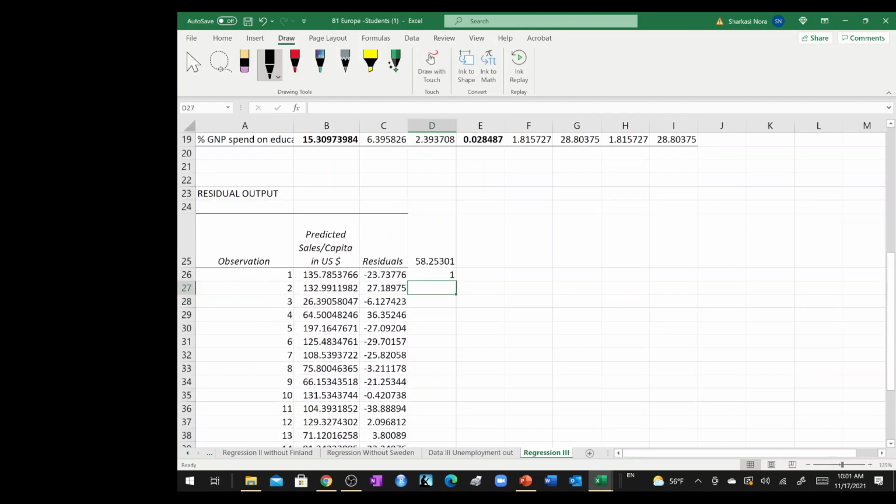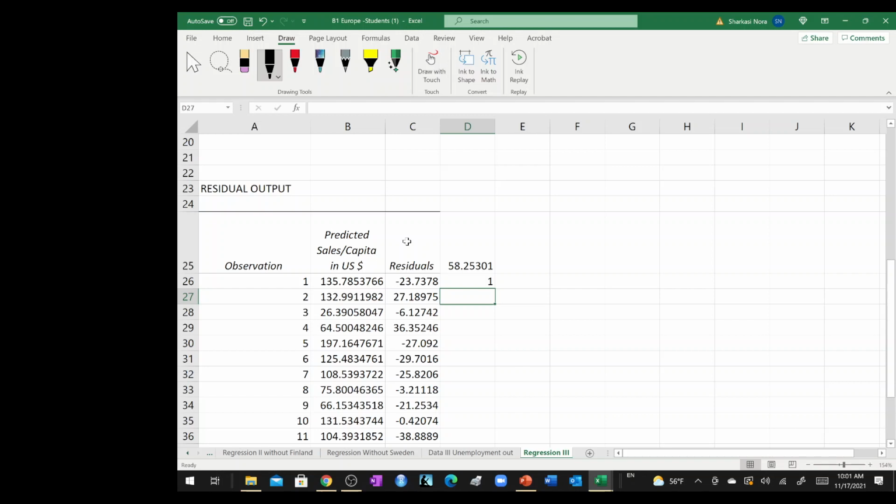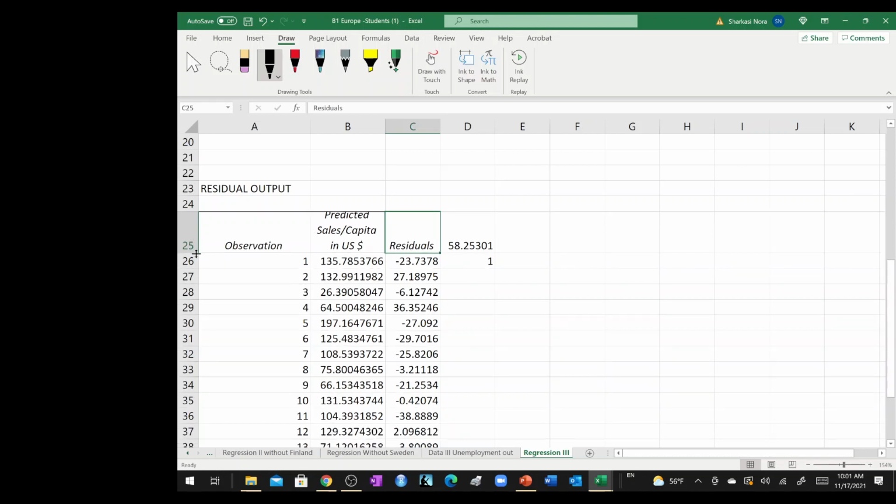Now, what I usually tell you to do is to put the absolute value before the residuals, right? Because right now we are gonna look into the homoskedasticity assumption.